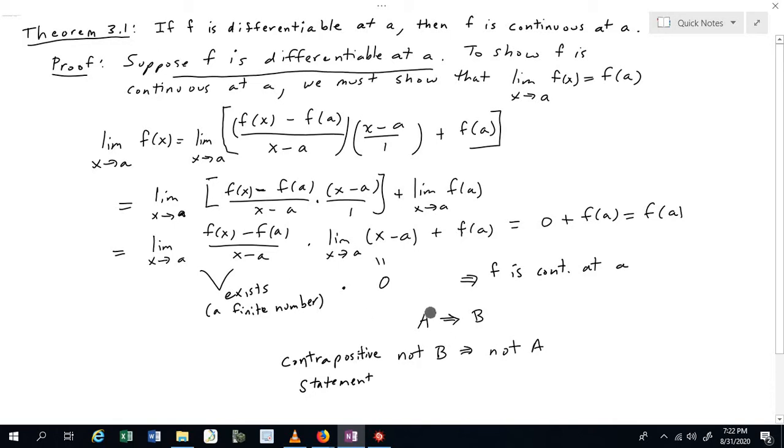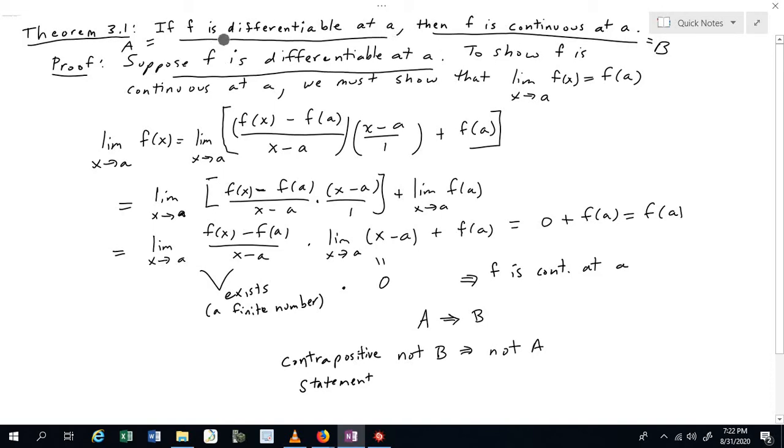That's just pure logic. I want to apply that to this theorem. So A implies B: A is this condition, f is differentiable at a, and B is this conclusion. So the contrapositive statement would be, if f is not continuous at a, then f is not differentiable at a.